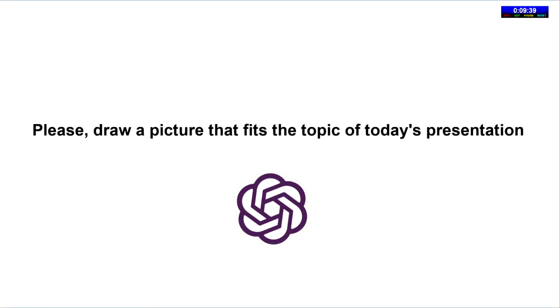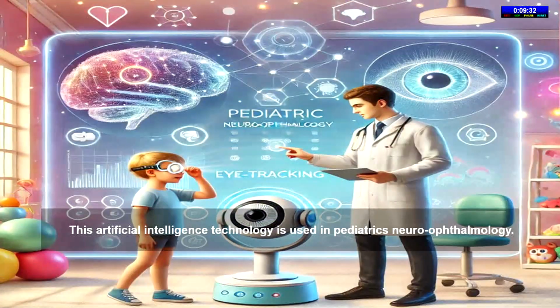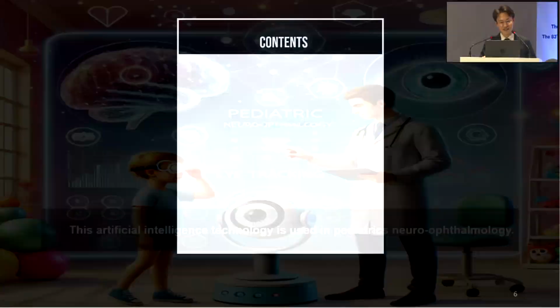And to begin, I asked ChatGPT, please draw a picture that is the topic of today's presentation. And it created the following image. Interestingly, artificial intelligence technology like this is already being used in the field of pediatric ophthalmology. Previously, Donnie beautifully described how it is used in traumatic retinal hemorrhage in pediatric cases.